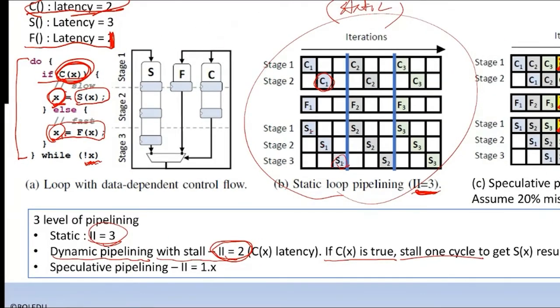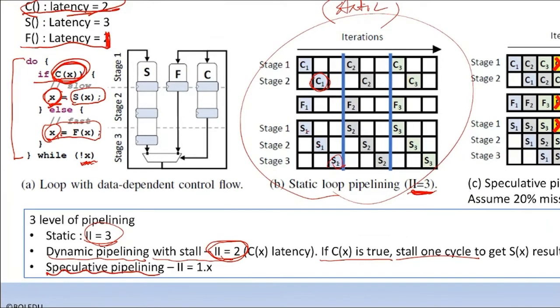How about speculative pipelining? Speculative pipelining means we speculate this function is false and take the fastest path, until you find out it is not.